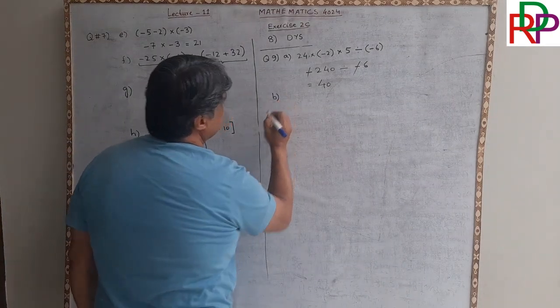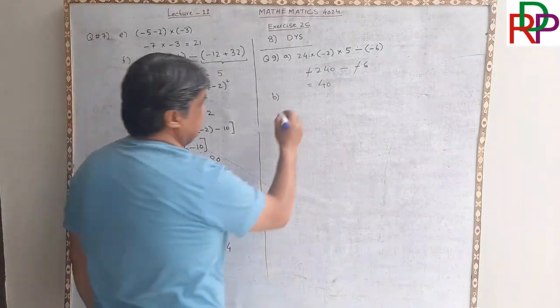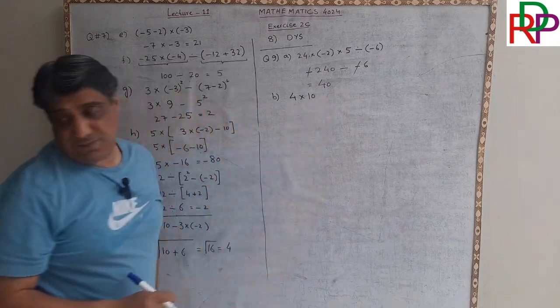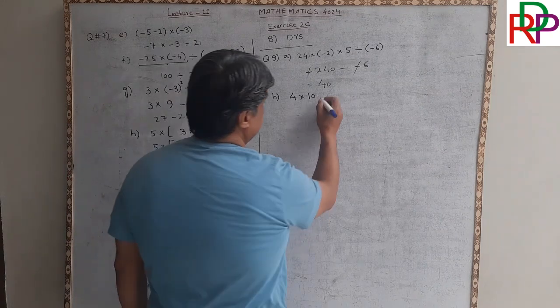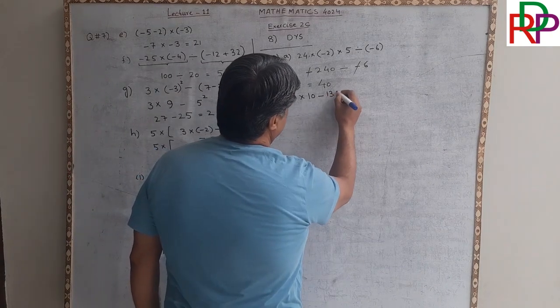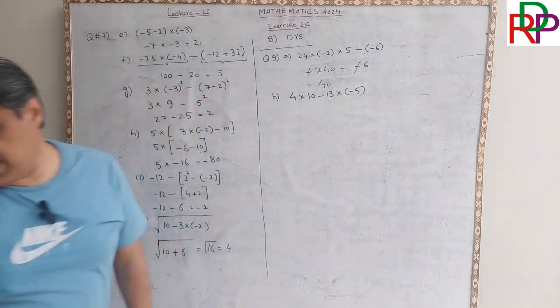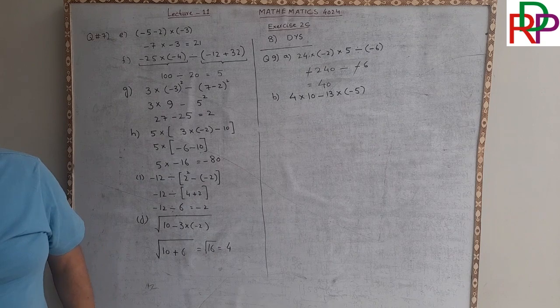Now we are turning our focus to part B. 4 multiplied by 10 minus 13 multiplied by minus 5, and then we have to solve it.